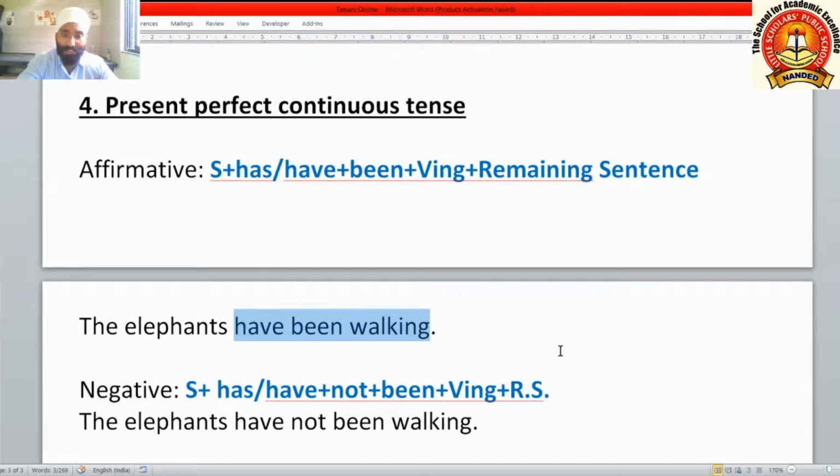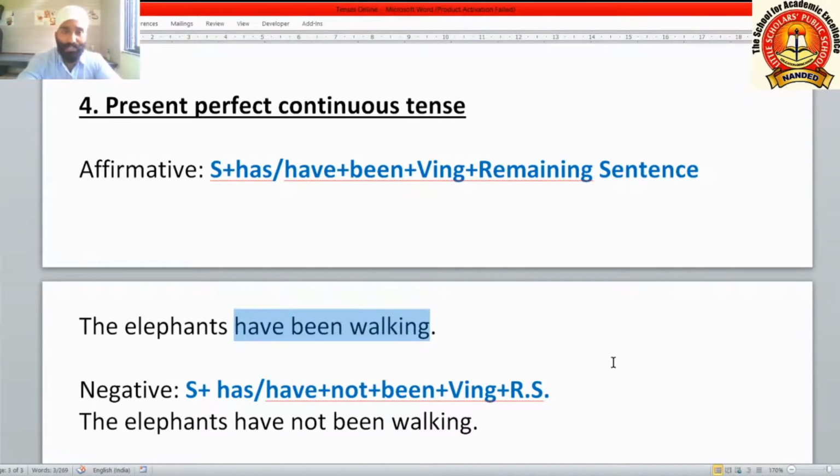Here elephants are a plural noun, so we are using the helping verb have. If any singular subject comes, we will use has here. The elephant has been walking. So for the present perfect continuous tense, you have to remember have plus been plus verb with the ing form.